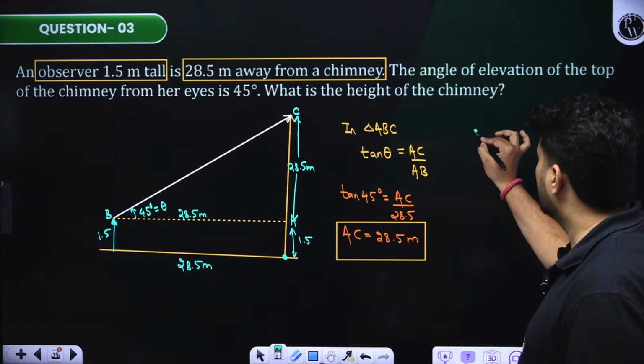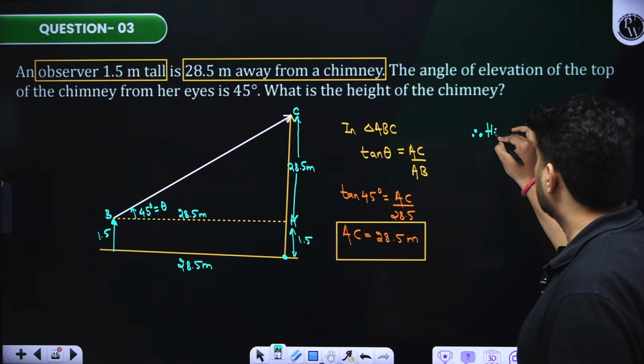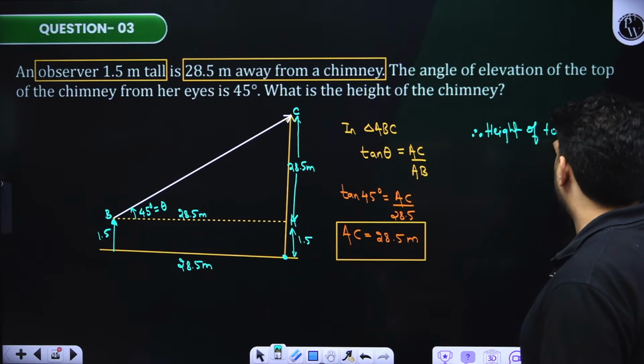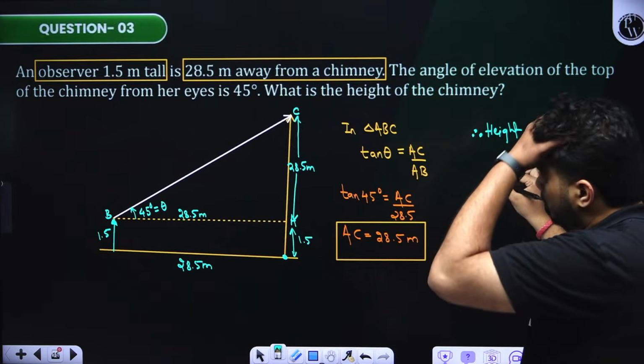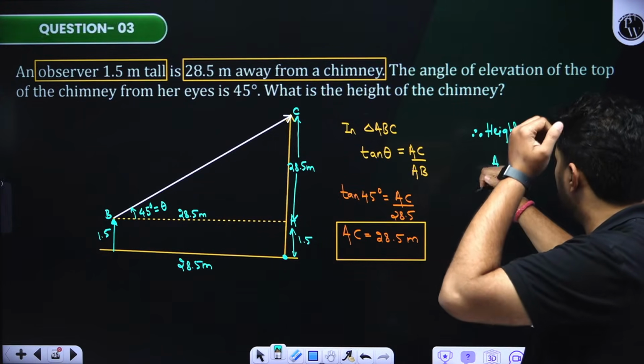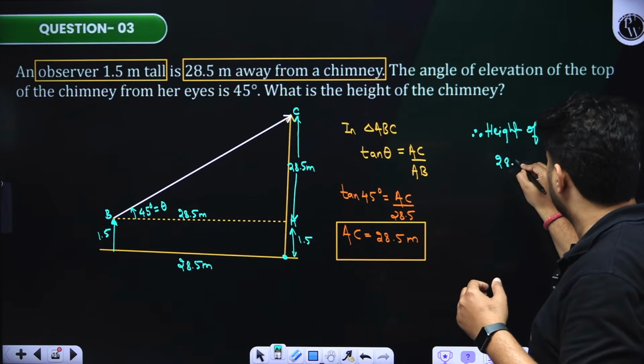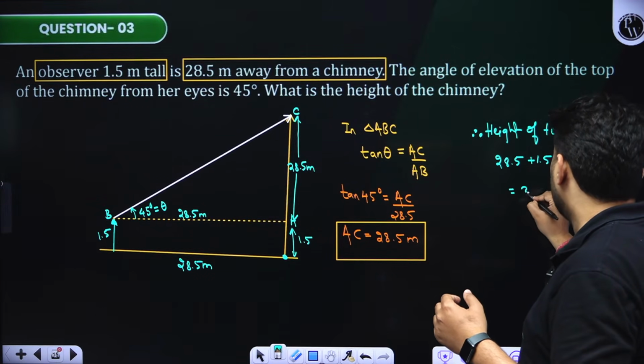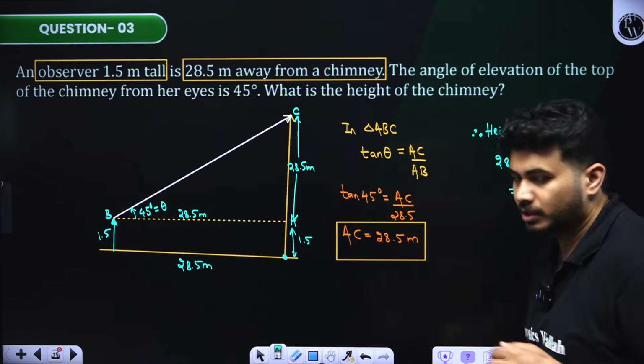So therefore we can tell that height of tower is nothing but what? AC, that is 28.5 plus 1.5, which is nothing but what? 30 meters. Very nice.